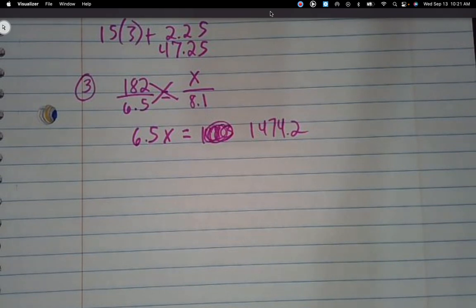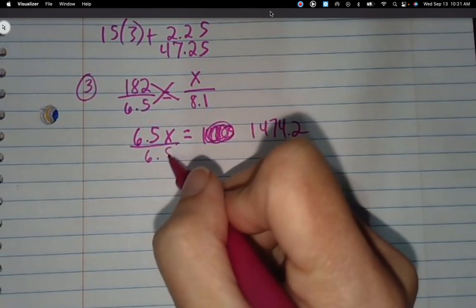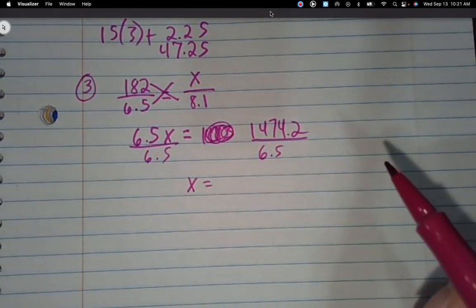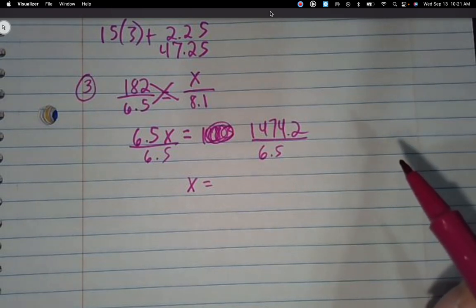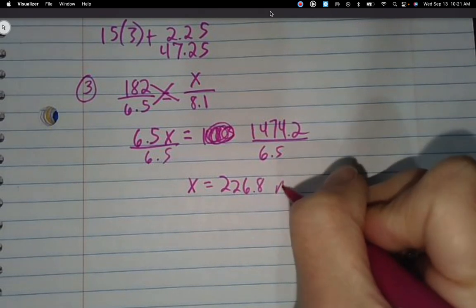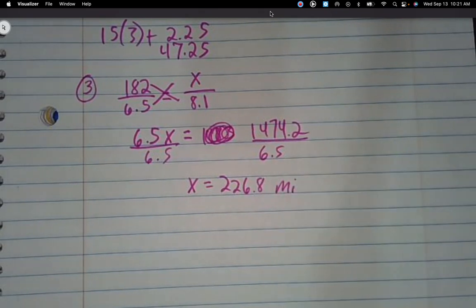Okay, then what do I do? Divide by 6.5. 226.8, and that is answer choice D. 226.8 miles. That's how far you will go in 8.1 hours.